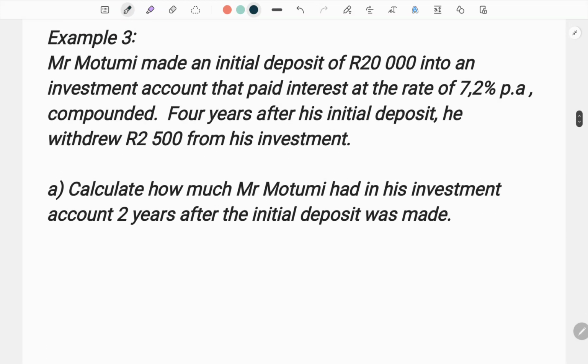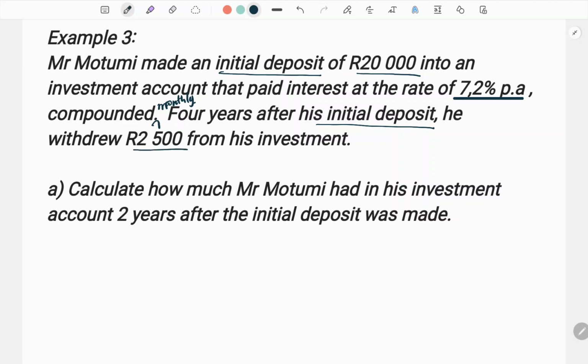Mr. Motumi. Now this one's key, the timelines. We are going to focus on the timelines and different compounding periods. Be careful. Mr. Motumi made an initial deposit of 20,000 Rand into an investment account that paid an interest at the rate of 7.2% per annum compounded monthly. 4 years after his initial deposit, he withdrew 2.5.